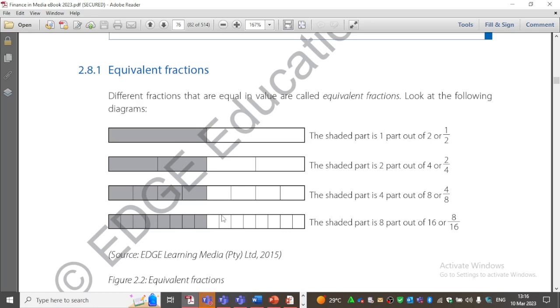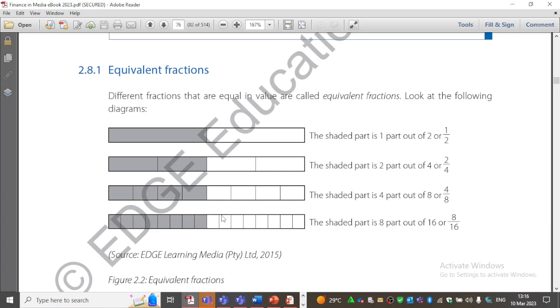Not only those that give you 0.5 are equivalent. We also have 1 out of 3, which is 0.33, and then we have another fraction that also gives you 0.33, which is equivalent to 1 out of 3.